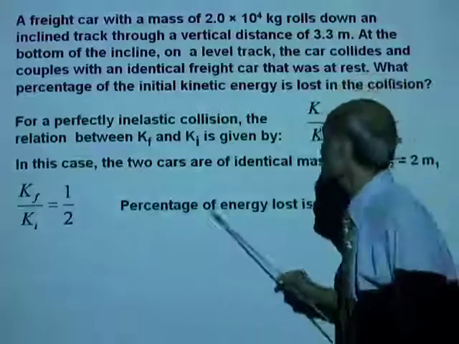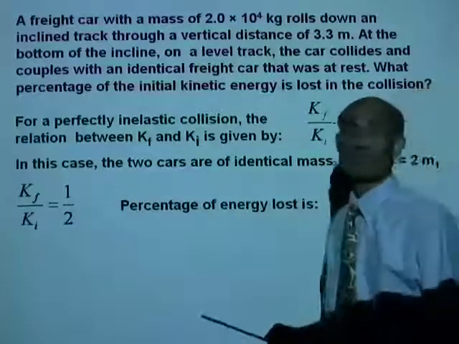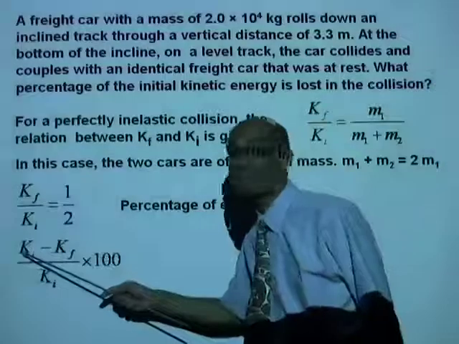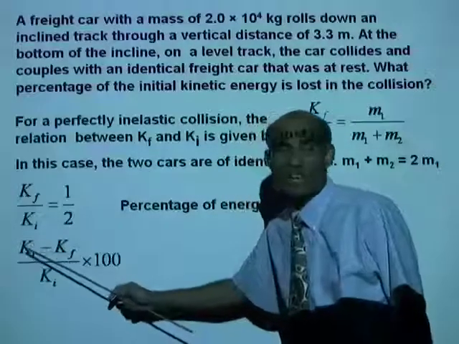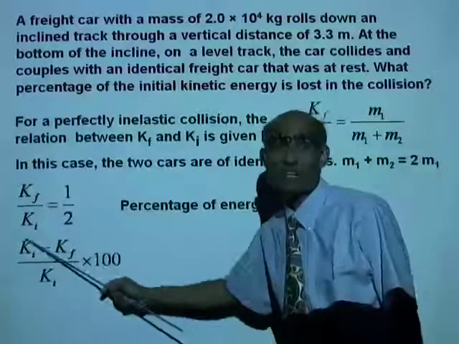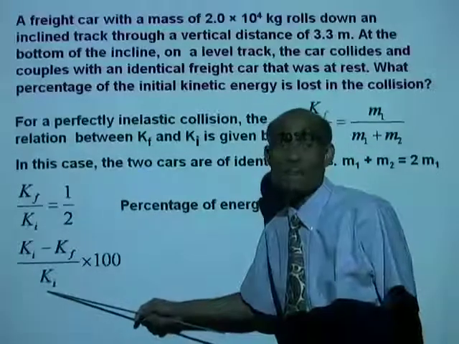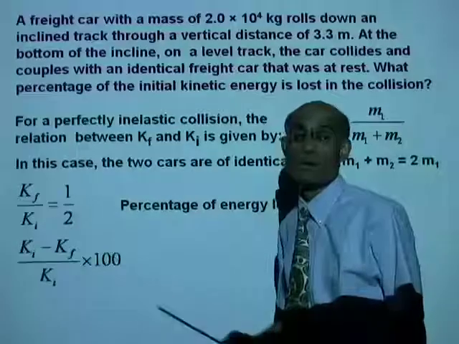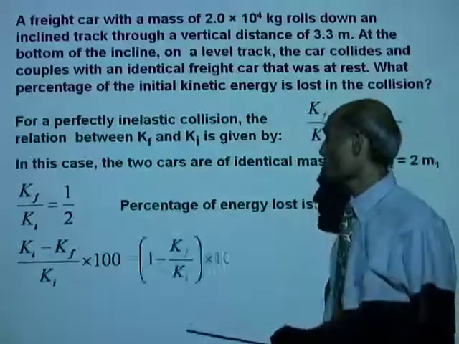So what is the percentage of energy lost? The percentage of energy lost is Ki minus Kf, that is the amount of energy lost, divided by the initial amount of energy, multiplied by 100.